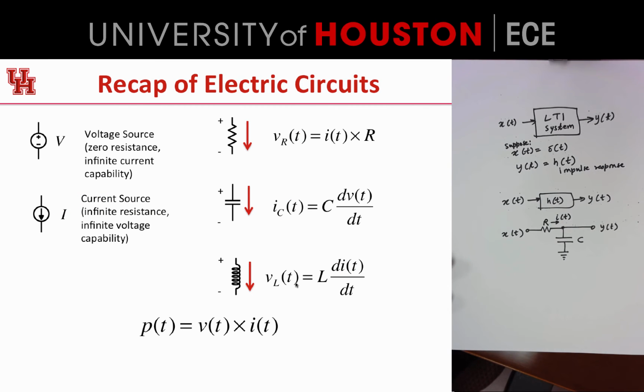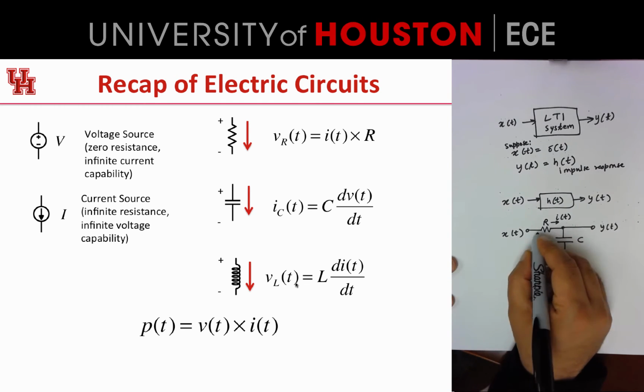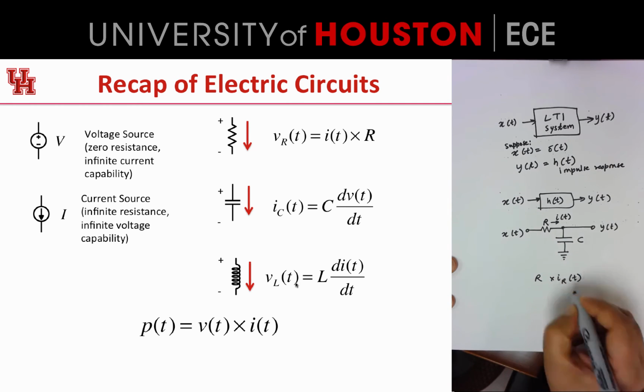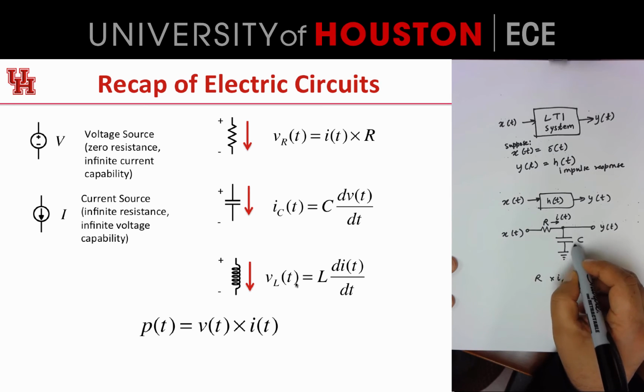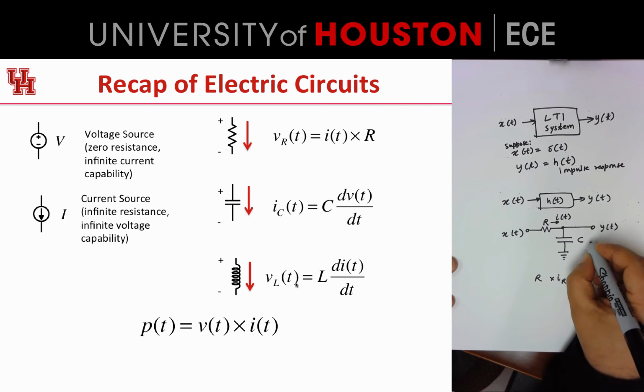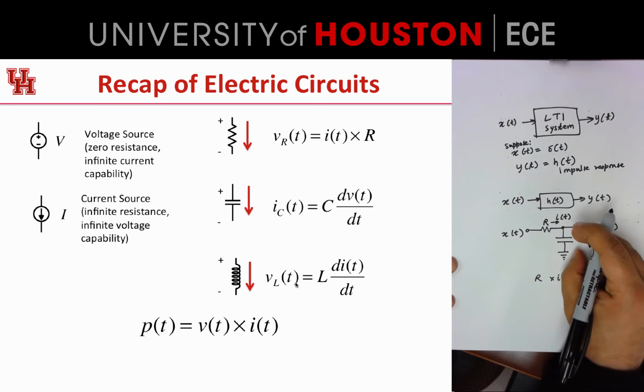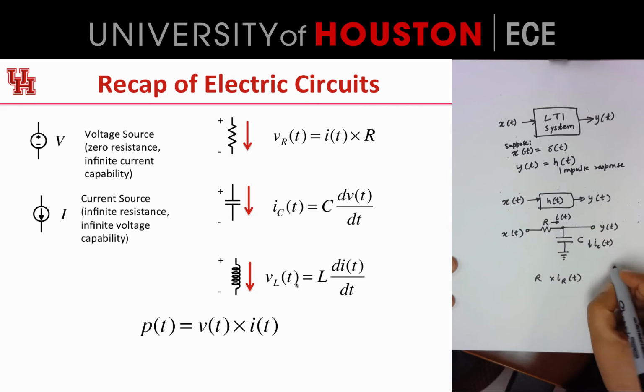Now as a quick recap of circuit theory, the voltage across a resistor is simply R times the current through that resistor. Similarly, if you have a capacitor, the current through this capacitor, suppose we name that I sub C of t, and we call the voltage across it V of t, then C dV by dt equals I sub C of t.